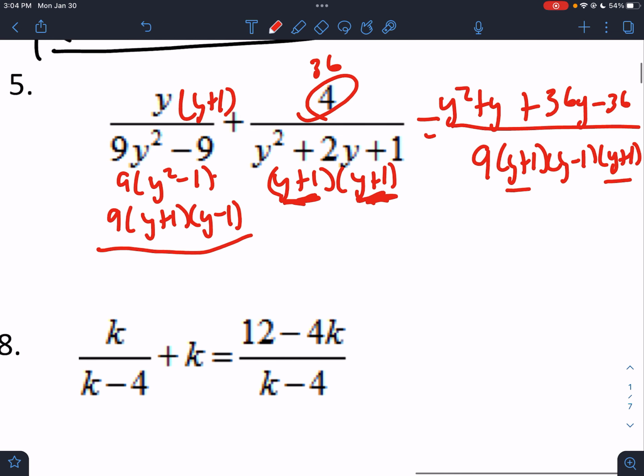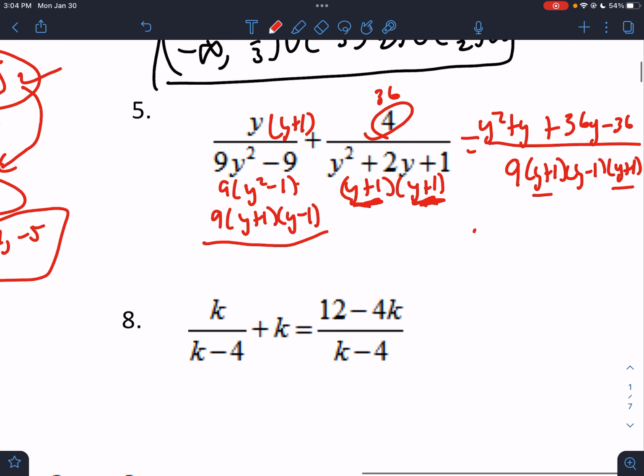So if I clean that up, I have y squared plus 37y minus 36 over all the rest of this. That'd be 9. Oops, that's not 9 at all.